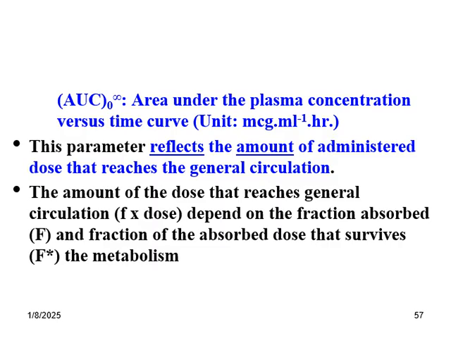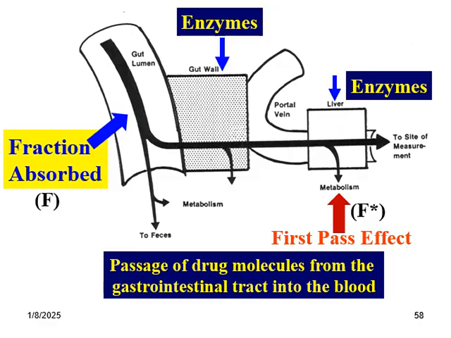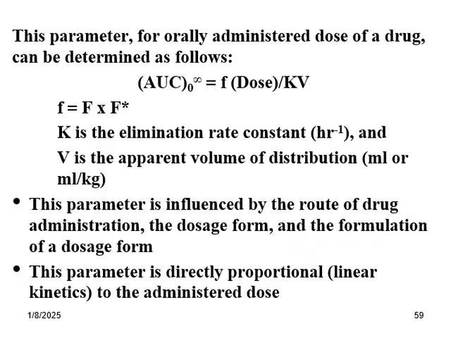This picture, this slide, I have shown you before, right? Big F is the fraction absorbed, and F star is the fraction that can survive the first pass effect. And AUC for an orally administered drug can be determined by the following equation: F times dose divided by KV, where K is the elimination rate constant and V is the apparent volume of distribution.